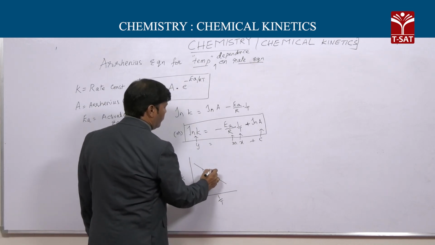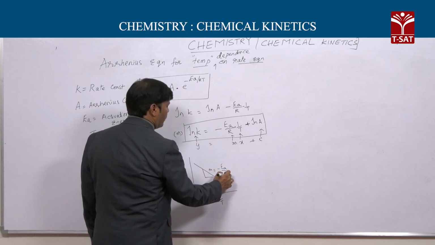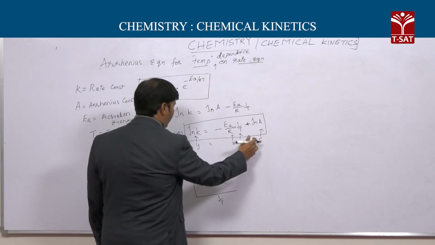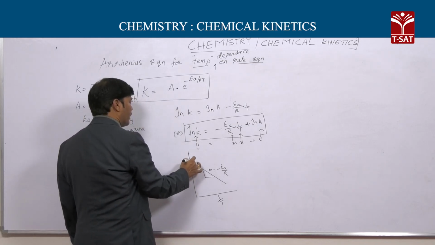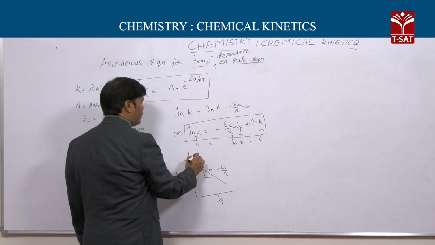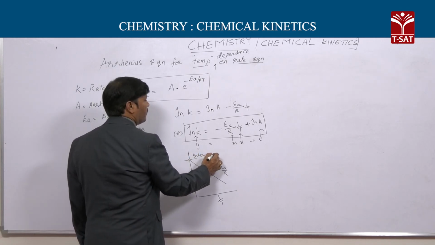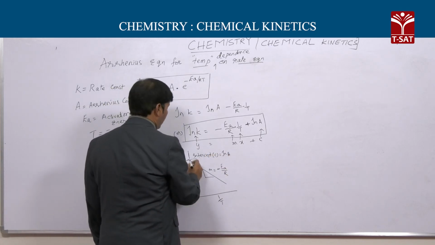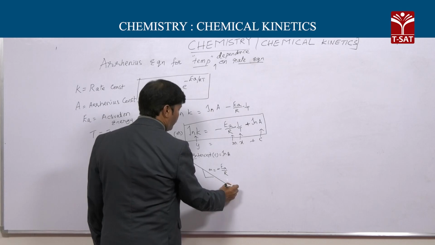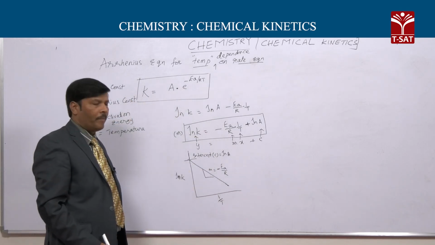So m is equal to minus Ea by R, and because there is an intercept, it is extrapolated on the y-axis somewhere here, and this is the intercept, that is c is equal to ln A. This is how we plot the graph for the Arrhenius equation in the ln form.